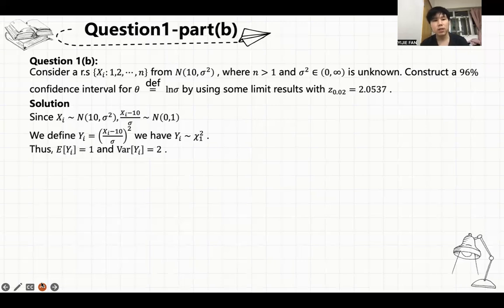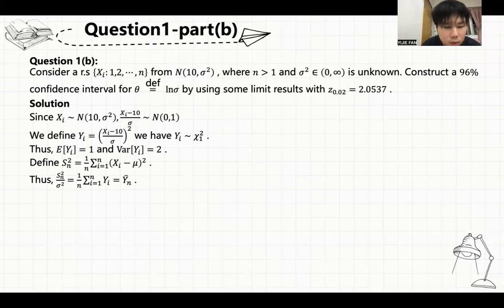We can get E(Yi), which is equal to 1, and Var(Yi), which is equal to 2, because k is equal to 1. Okay, and then we define Sn square. Therefore, Sn square over sigma square is equal to Yn bar.